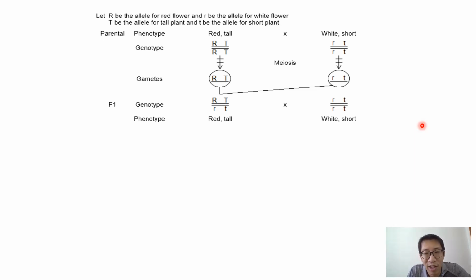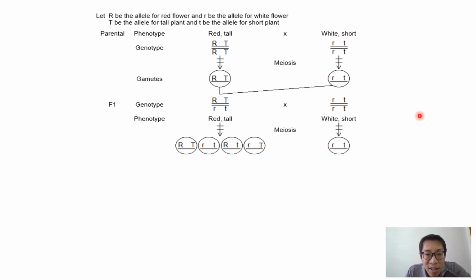So test cross is with a double homozygous recessive. And after meiosis, the double homozygous recessive only forms one type of gamete. The double heterozygous can form 4 types of gametes.